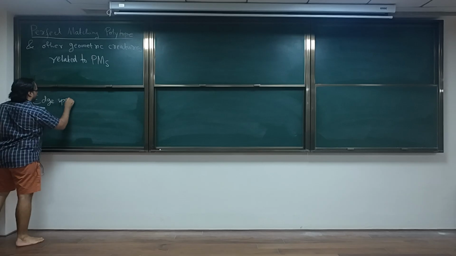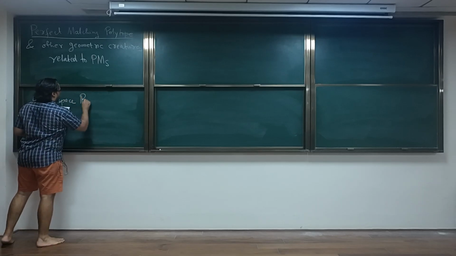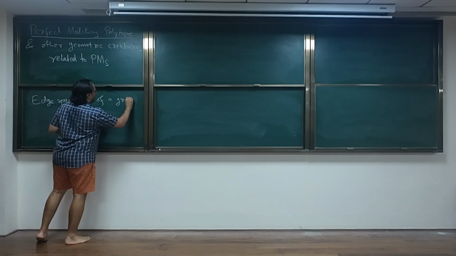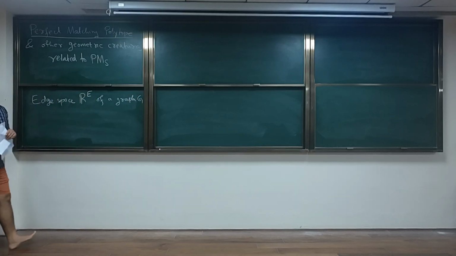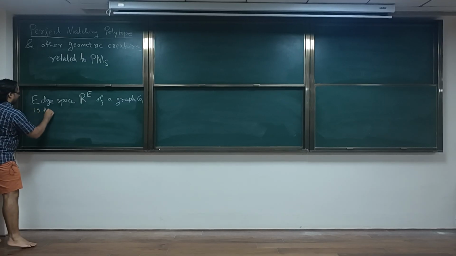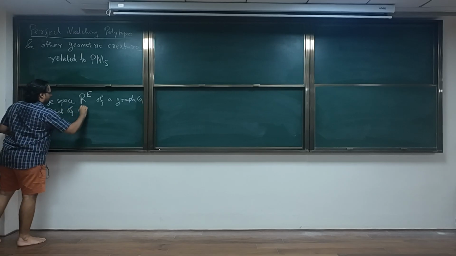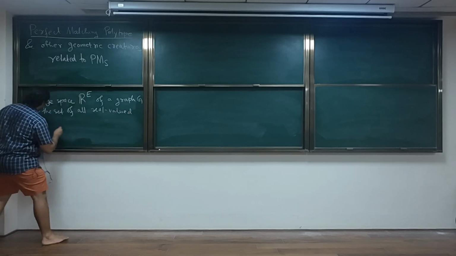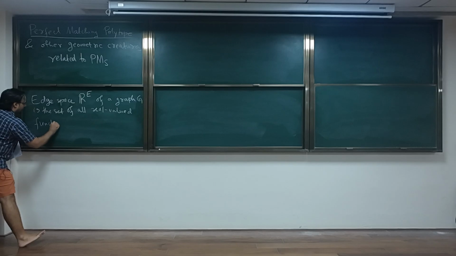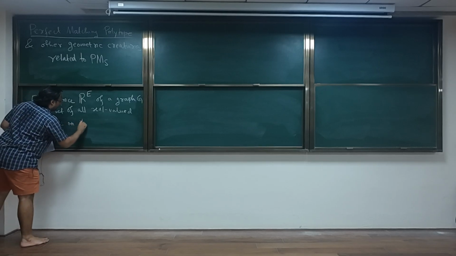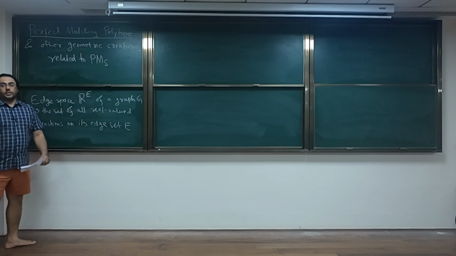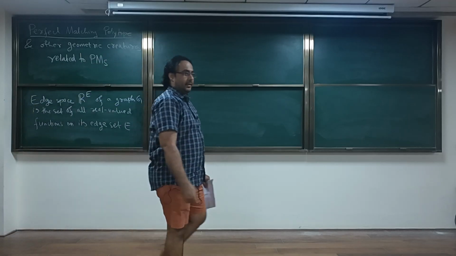the edge space of a graph is the set of all real valued functions on the edge set of the graph. So you can think of it as a labeling of the edges using real numbers.